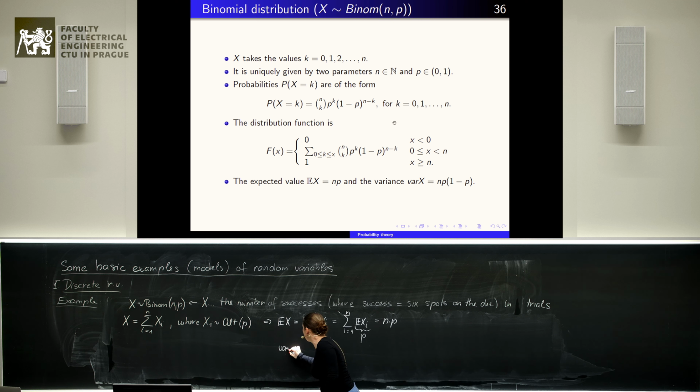And similarly, when we calculate the variance of X, it is the variance of the sum of Xi.